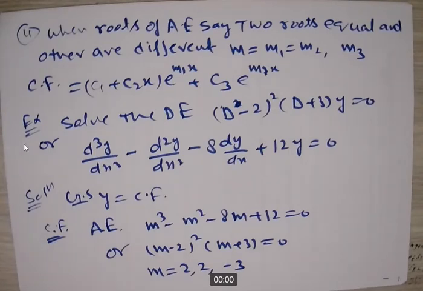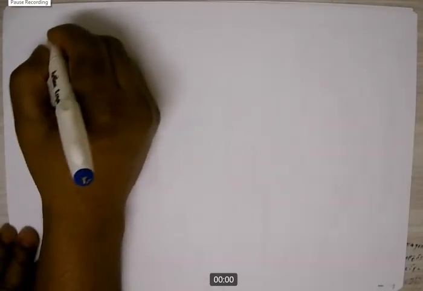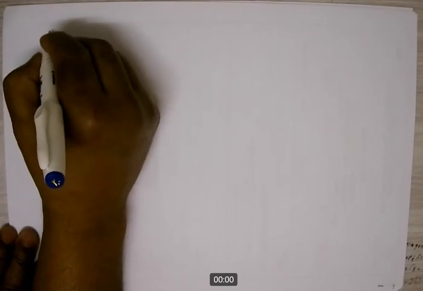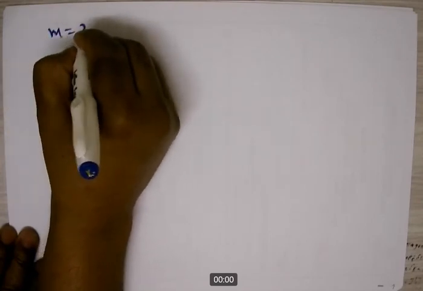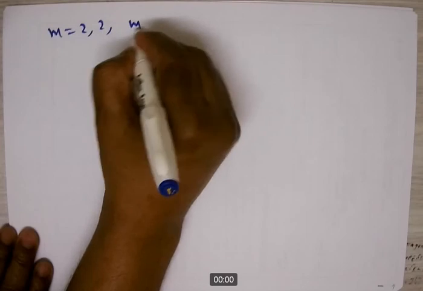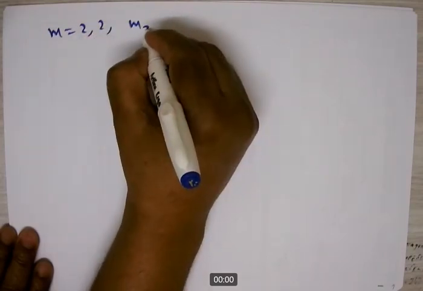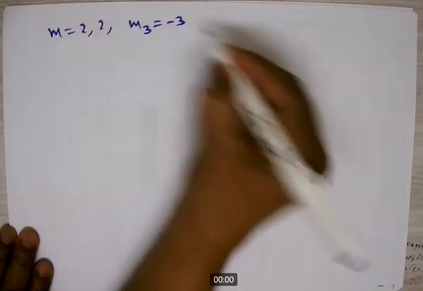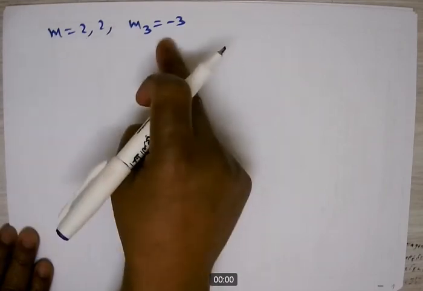So when it is given like that, by using a calculator or manual calculation, you get the roots. Then how to write the general solution? Here the roots are m equal to 2, 2 and m3 equal to minus 3. That means two roots are equal and one root is different.